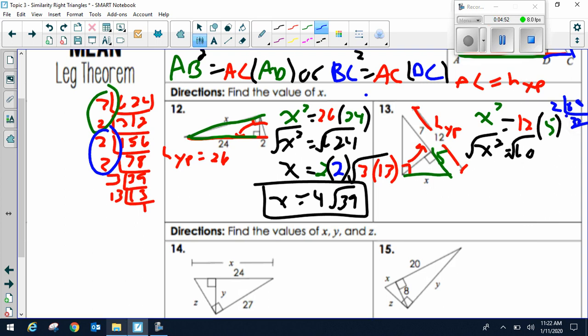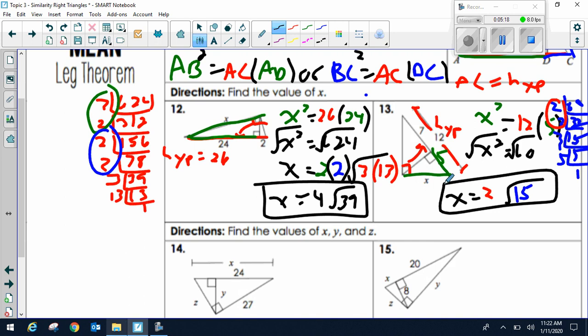Divide that by 2 again to get 15. Then we got 3, then 5, then 5, and then 1. So when we're looking at our pairs, okay, got a pair of 2's that are going to come out. And the only thing that's left inside is 3 times 5, which gives me 15. So my answer is 2 square root 15.